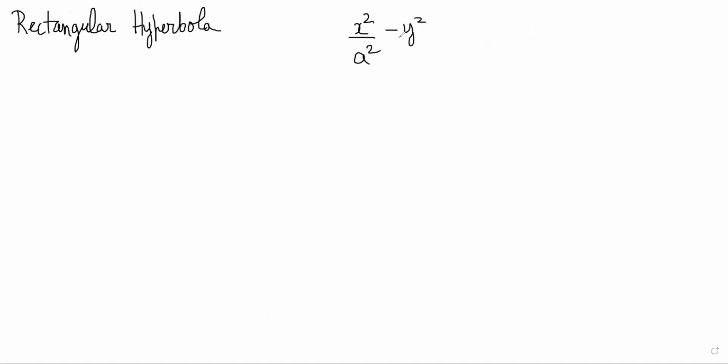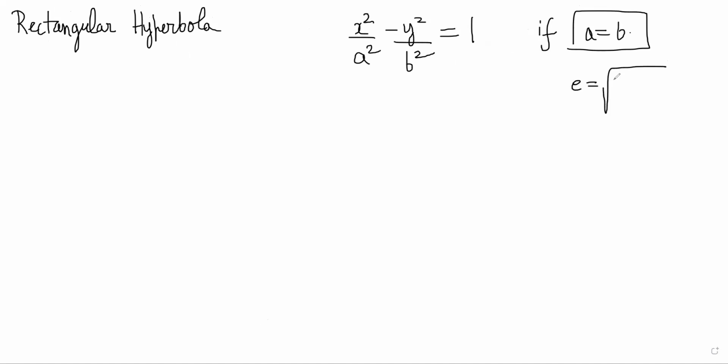One particular thing that you need to be clear on is what is a rectangular hyperbola. Rectangular hyperbola is the special case of the standard hyperbola where a is equal to b. Your eccentricity becomes root over 1 plus a square by a square, so root 2, correct?